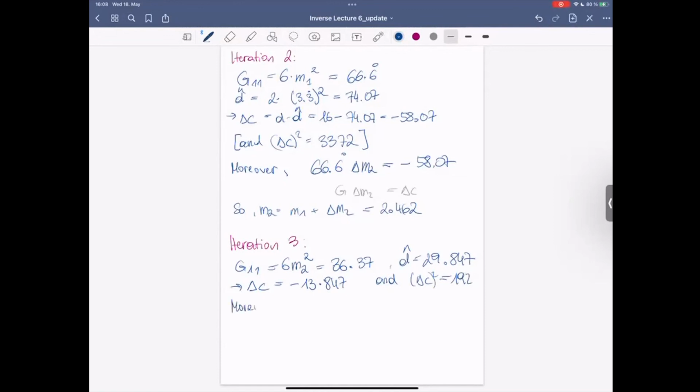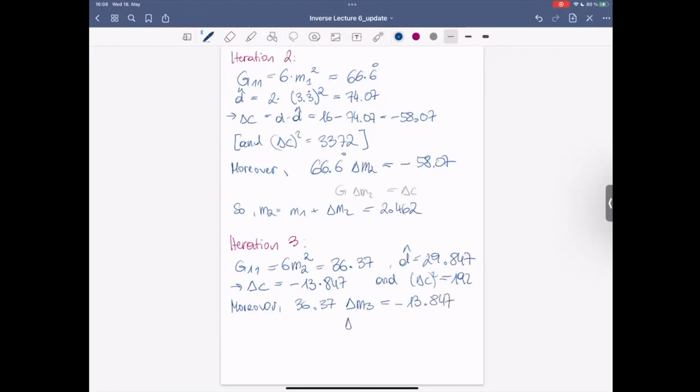Moreover, we can again calculate delta M3, which is G of 36.37 times delta M3 equals minus 13.847.